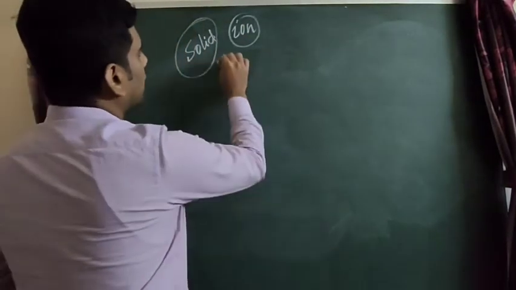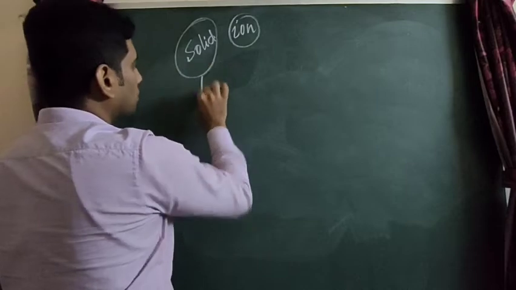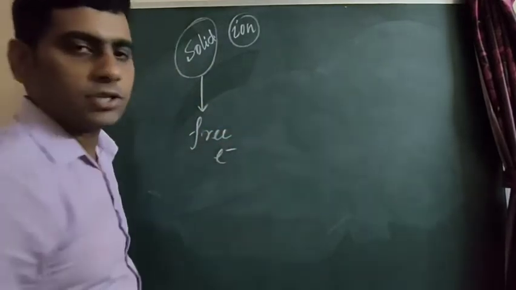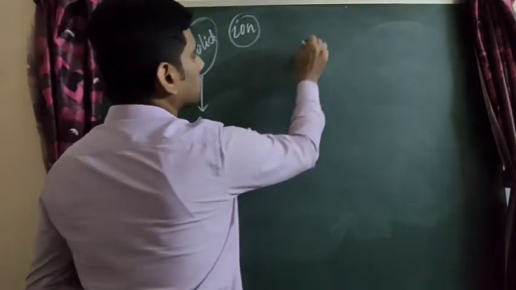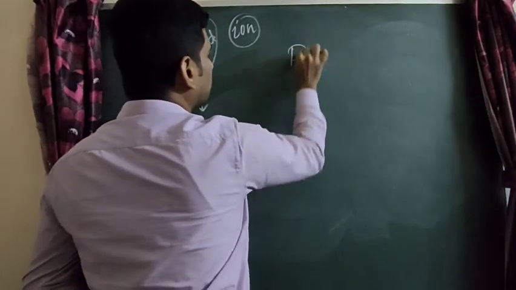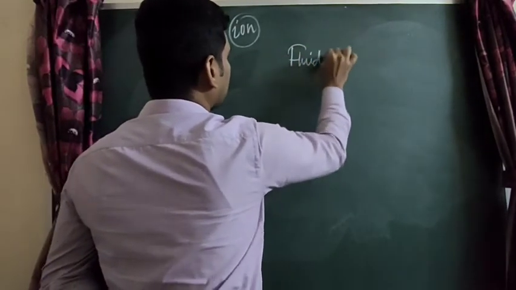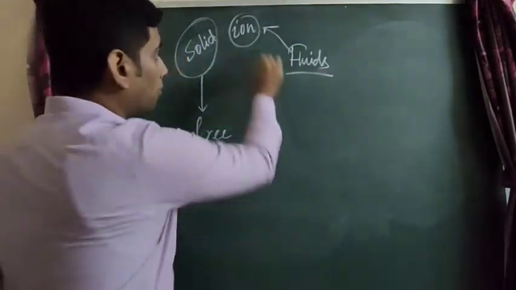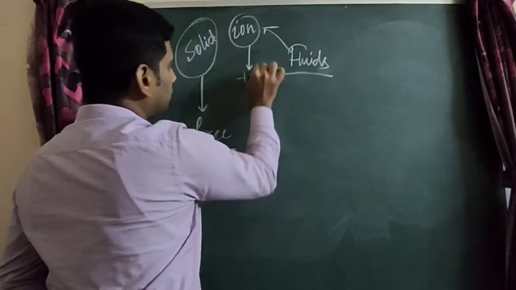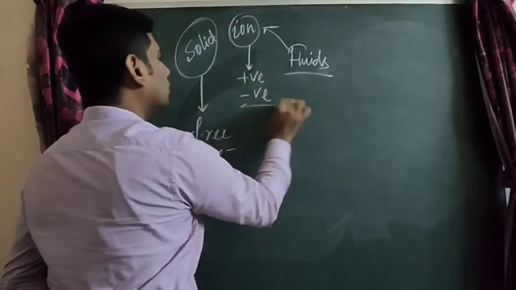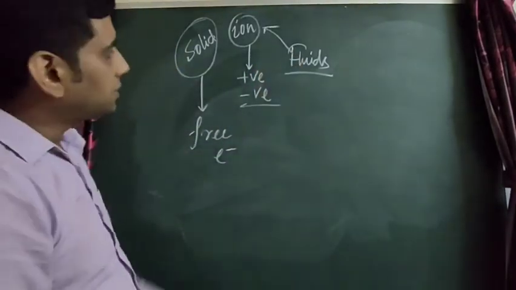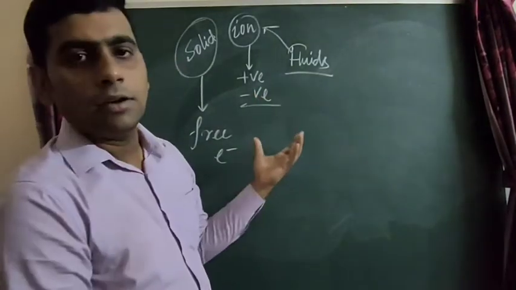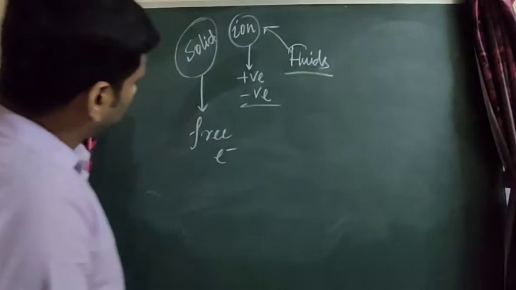So, in case of solids, free electrons are charge carriers. In case of fluids, that is liquids and gases, ions are charge carriers, both positive and negative. Okay, so you have got the basic difference between the charge carriers of solids and liquids or gases.